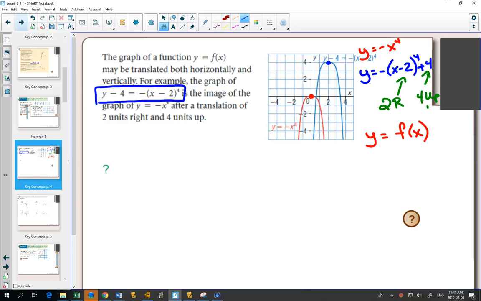In function notation, my blue graph would be f of x minus 2, with 2 to the right showing up inside, and 4 up would show outside as plus 4. Notice that the exponent of 4 and the negative do not need to be written because they were included in the original function. So in function notation, you're just showing the translations that occurred.